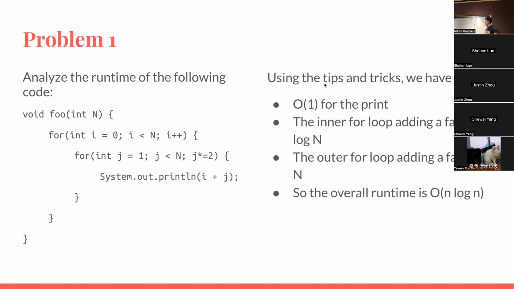Then applying our tips and tricks, we see this pattern for int j equals 0, j less than n, j plus plus. This means it runs the inside code n times, and it adds a power of n. So this entire block takes O of n times 1, which equals O of n.